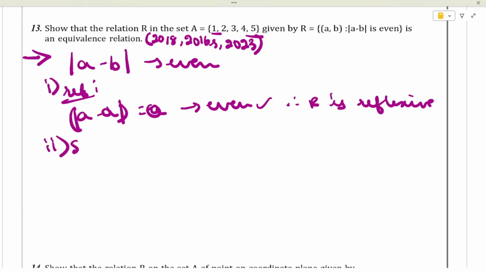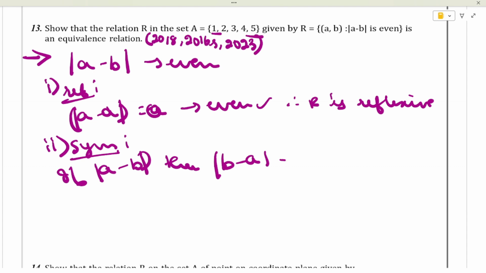For symmetric, you take a minus b. If a minus b is even, then b minus a will also be even only, right? So you can say R is symmetric.